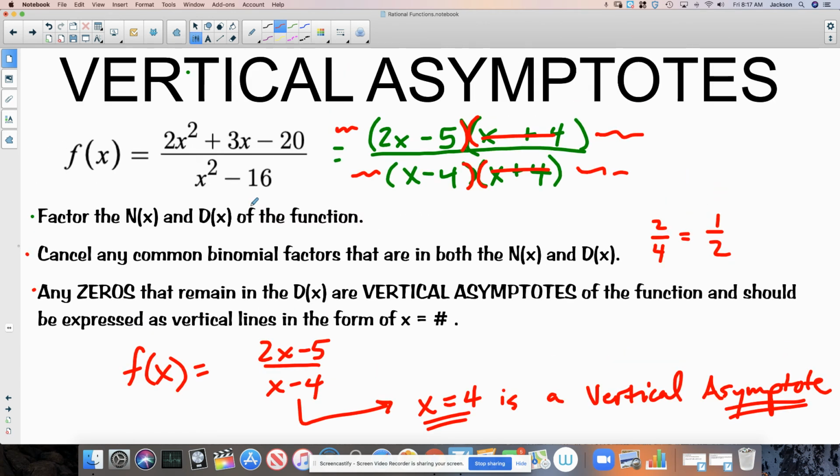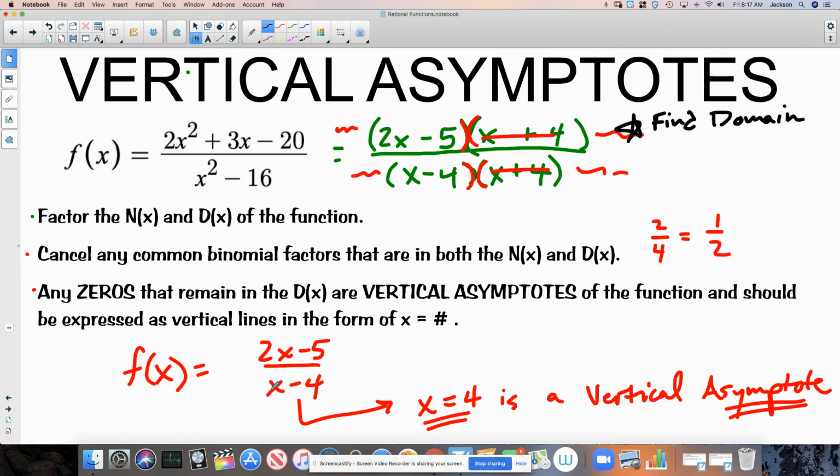The one thing you'll want to keep in mind here, worth noting: find the domain first, because in some instances you will be able to cancel these. So don't use the simplified function to find the domain, because if you cancel this out, you're going to be like, oh, well, I guess x can equal -4.